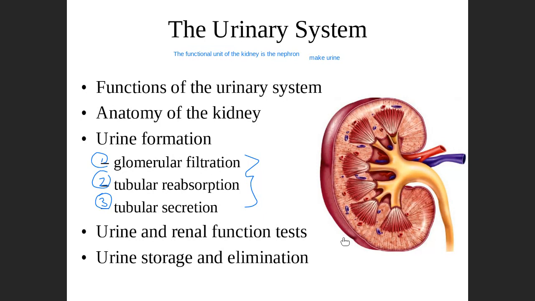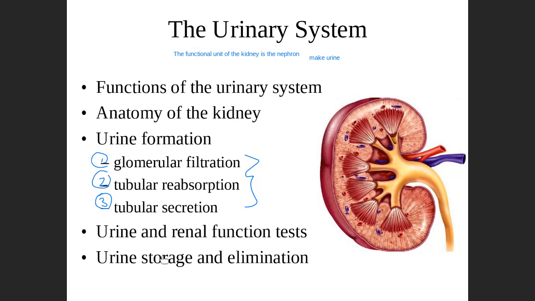But you don't void 180 liters. You only remove about 2 liters. So most of the filtrate that the kidney made is reabsorbed, taken back into the body, and it only excretes a small percent, for example.